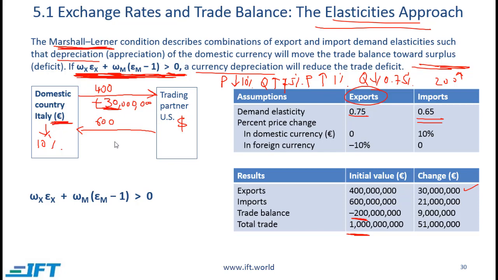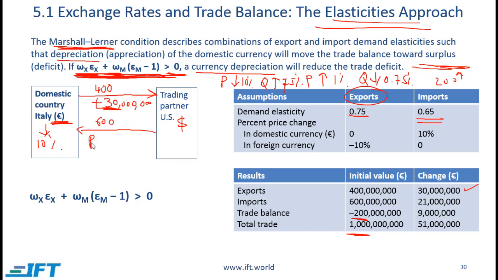What about imports? Italy is importing 600 million worth of goods from the United States. When the currency weakens, what will happen to imports? And here there will be two impacts. Now, with the currency weakening, the price of the imports is obviously up.